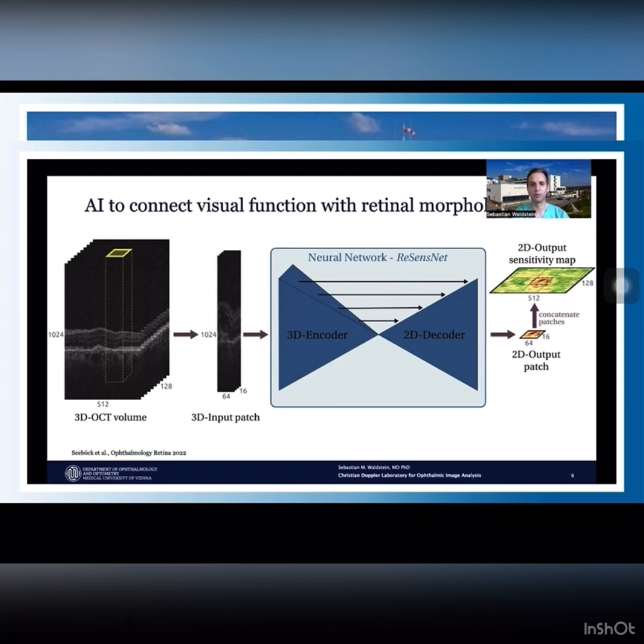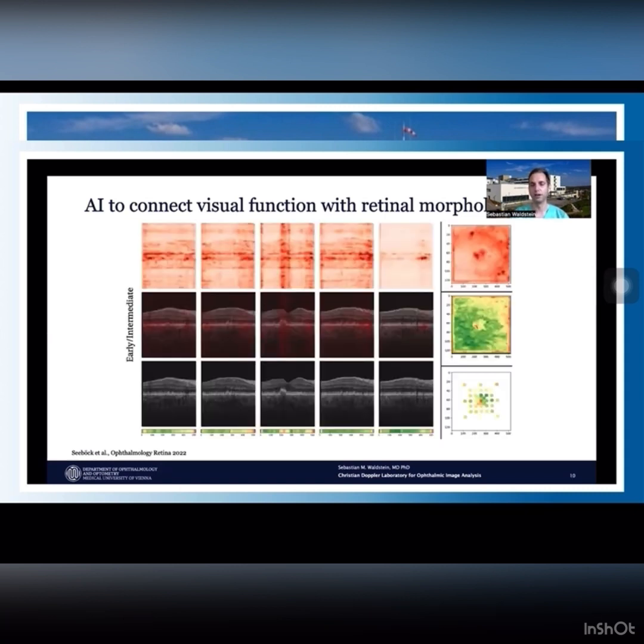to microperimetry. And as you know, microperimetry is a very tedious examination method, but it gives a great detailed level of information. And so the idea is to use deep learning to use OCT, which is very quick and reproducible, and find the link between OCT and microperimetry. And this is done in a fully automated way and works really well.